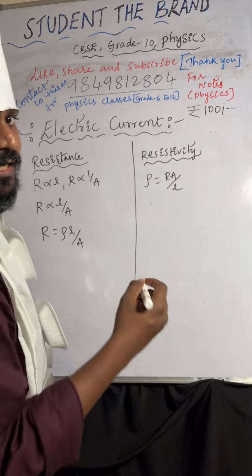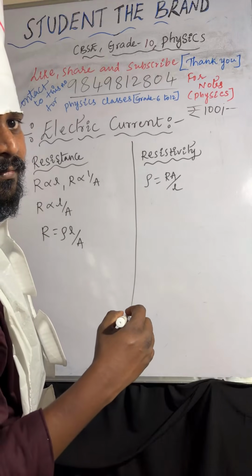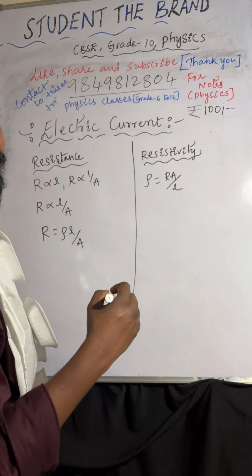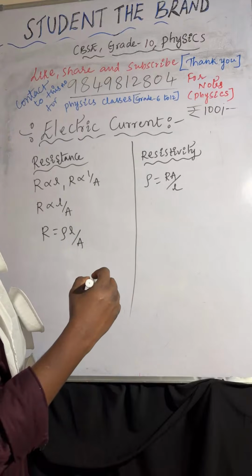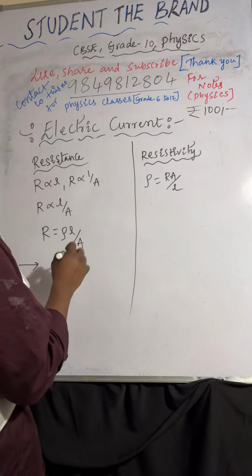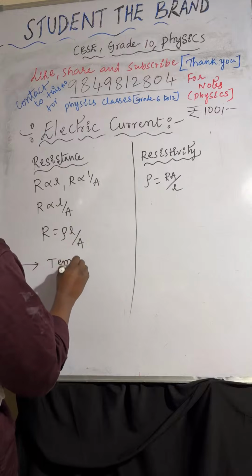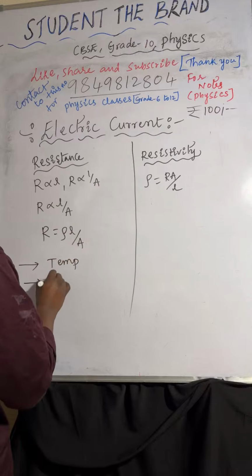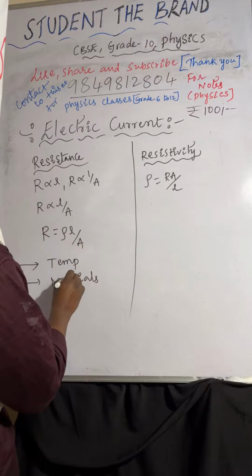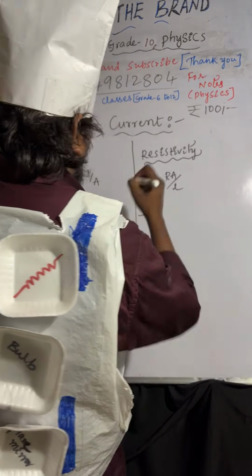The SI unit of resistance is ohm. Now you can see resistance depends on temperature. Resistance depends on the material of the conductor.